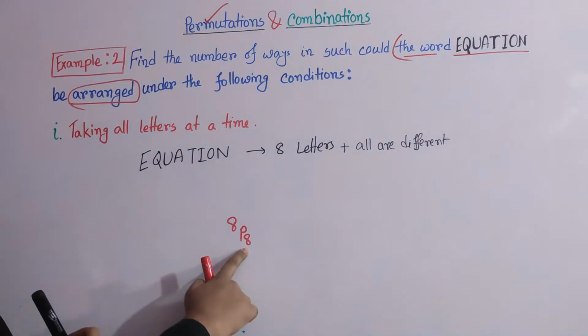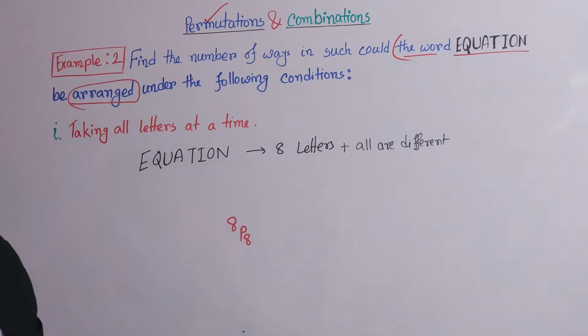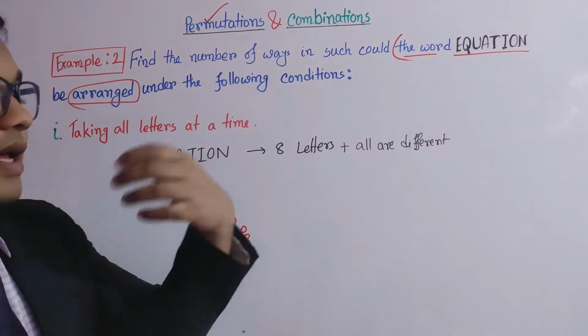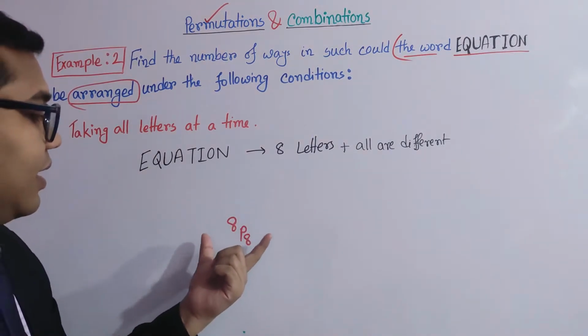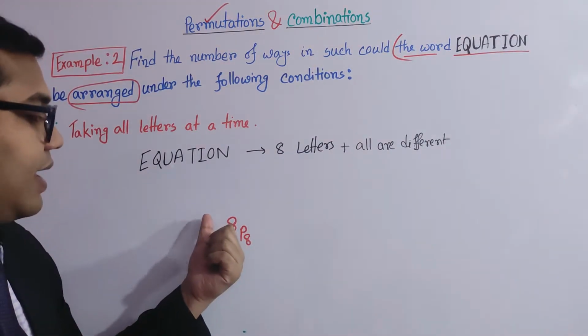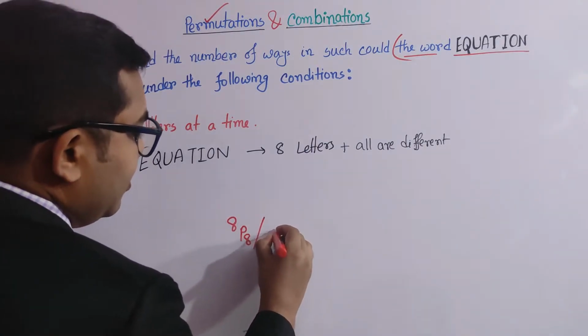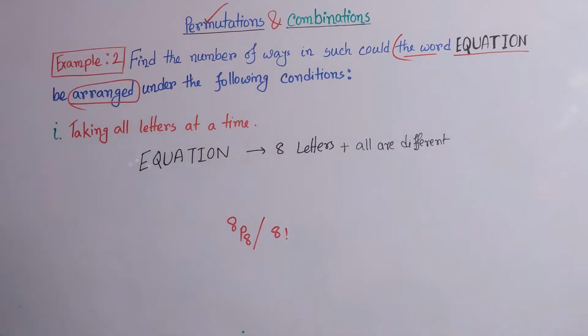We have a formula: if we take n objects from n objects, the arrangement will be nPn, that is n factorial. So it can also be said that it is 8 factorial.